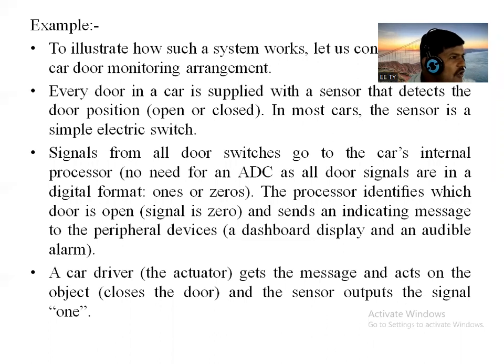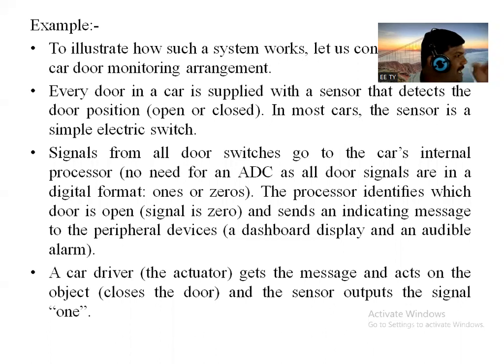Suppose that door is closed, that means the signal obtained by the microcontroller is 1. Similarly, it will check the second one. The second sensor output, again in digital format, is 1. This is fed to the microcontroller or computer. So the computer reads that data, whether it is 1 or 0. If it is 1, then it will check the next, like that.